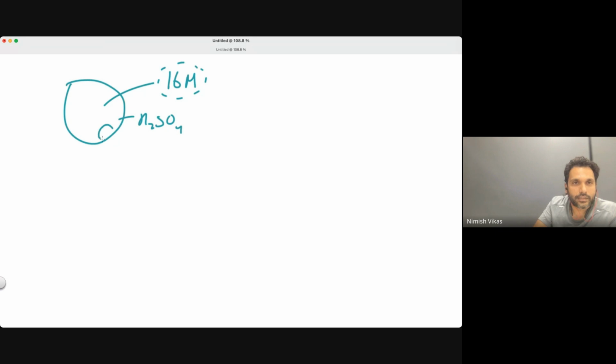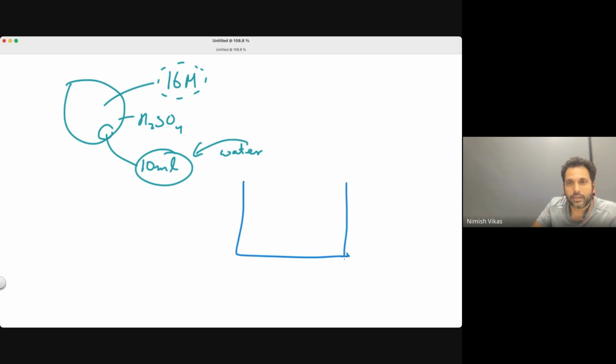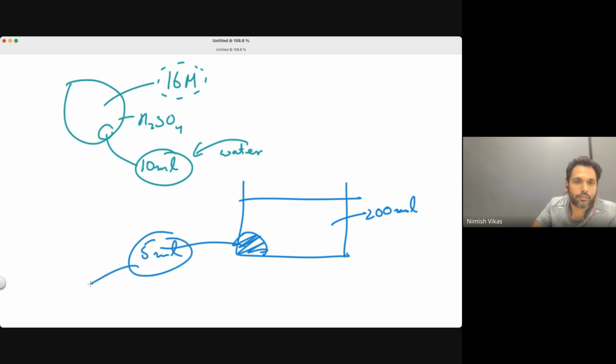They'll say from this acid you took out 10 ml. Then you added water and made this 10 ml as say 200 ml. And from this 200 ml, you are using say 5 ml for your reaction.